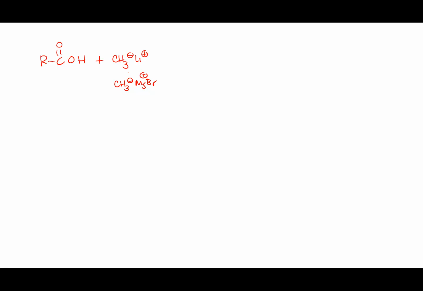One equivalent of methyl magnesium bromide or methyl lithium, the CH3 minus is simply going to deprotonate the carboxylic acid, and you're going to end up with a carboxylate and methane, the CH3 with the H on it. If I then add H plus H2O to this, I didn't do anything. I ended up forming the carboxylic acid.